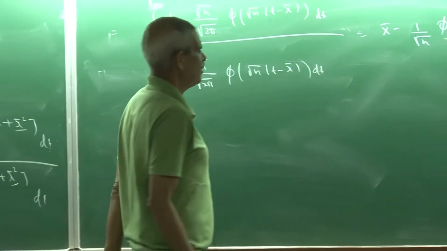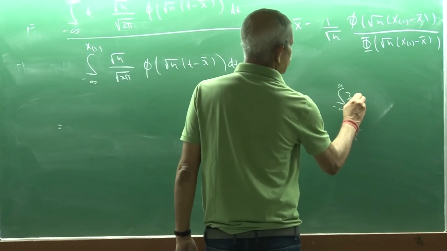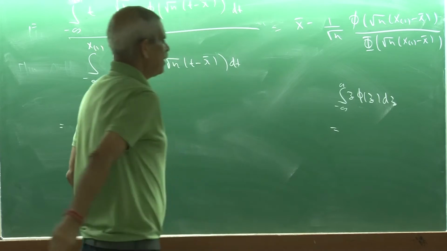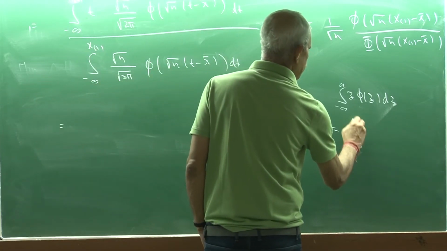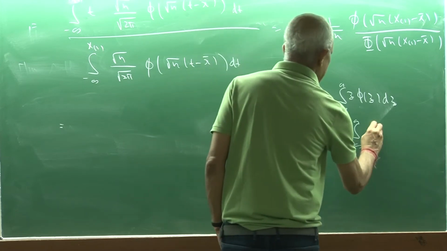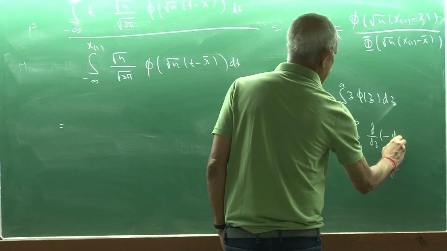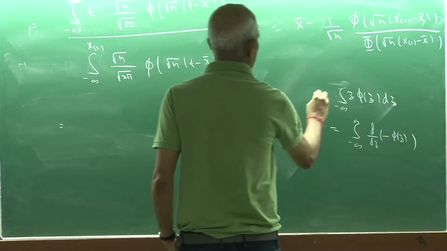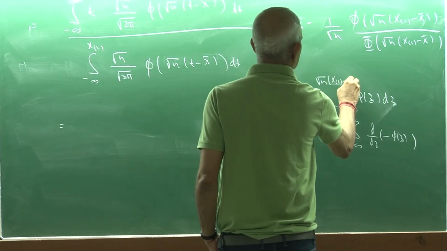So you'll get in the numerator an integral of the type minus infinity to infinity z phi z dz. Now note that z phi z can always be written as d by dz of minus phi z. So it would be minus infinity to root n (x1 minus x bar).